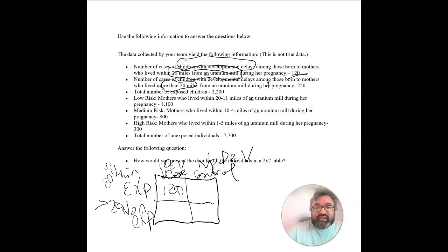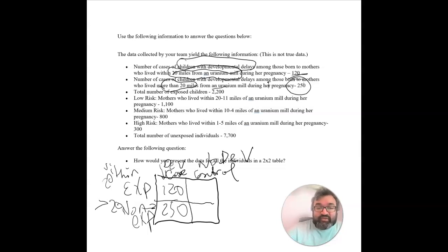So let's take a look at what the 250 is. Well, 250 is greater than 20 miles, so we'll be looking at the second row, with developmental delays. So the quadrant that you're looking at is right here, and so 250 will go here.